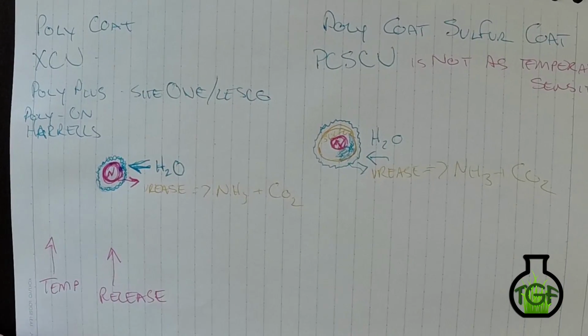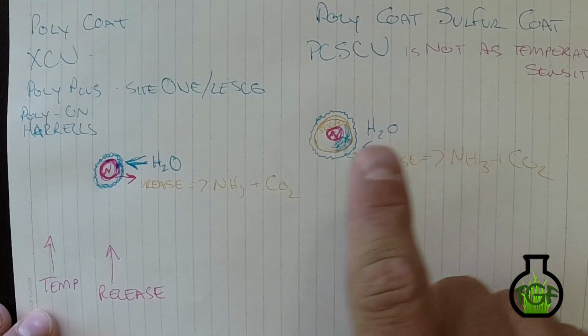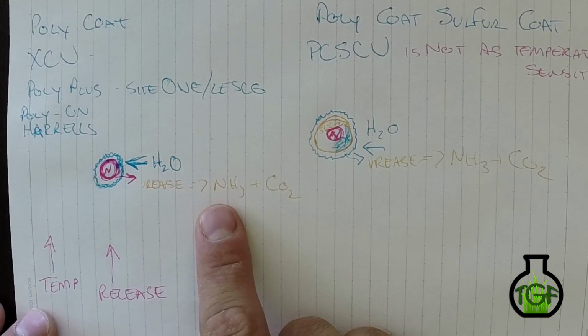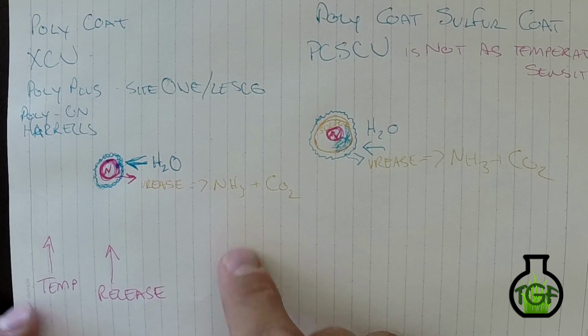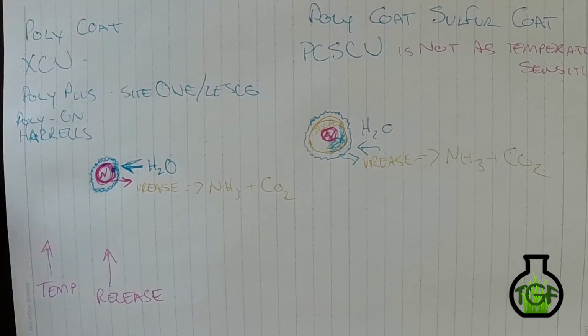So no matter how hot it gets outside, this is going to be a little bit more of a predictable reaction than our true polycoat is. Again, we're not talking about just giant differences here, but it can be just a bit more predictable.